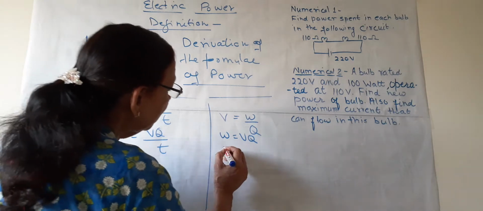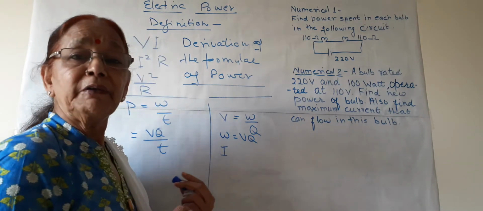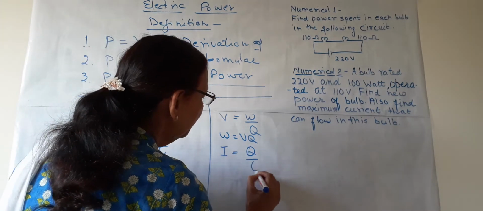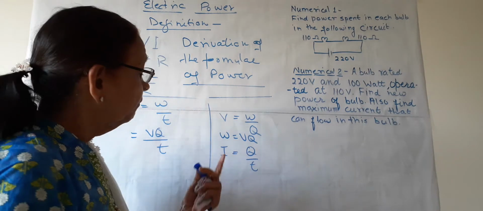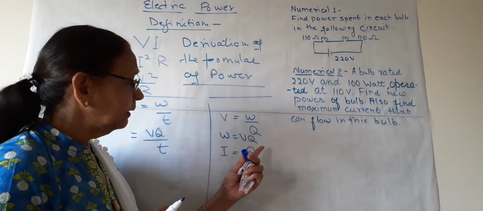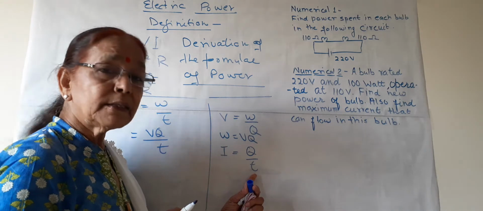Now we know one other formula. When we were studying current, current is equal to Q by T. What is current? Current is flow of charge in unit time. Q is charge in coulomb, and T is time in second.